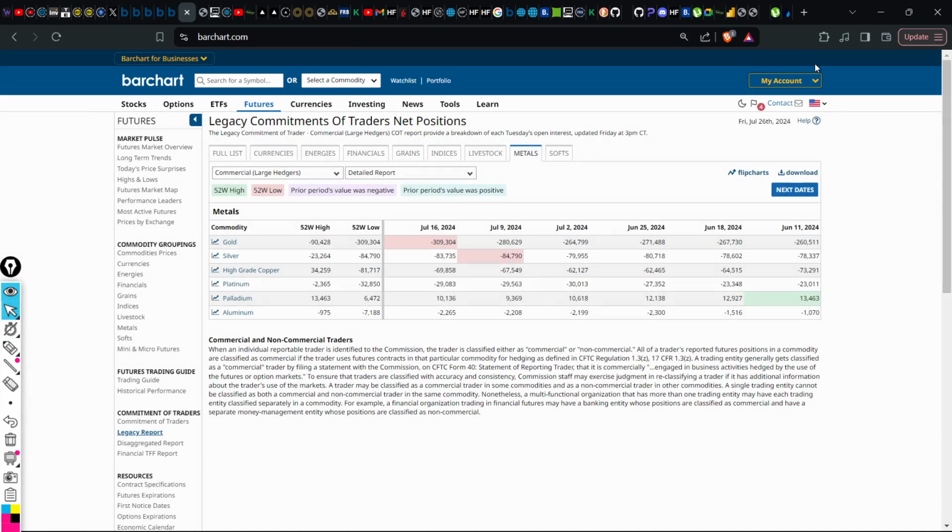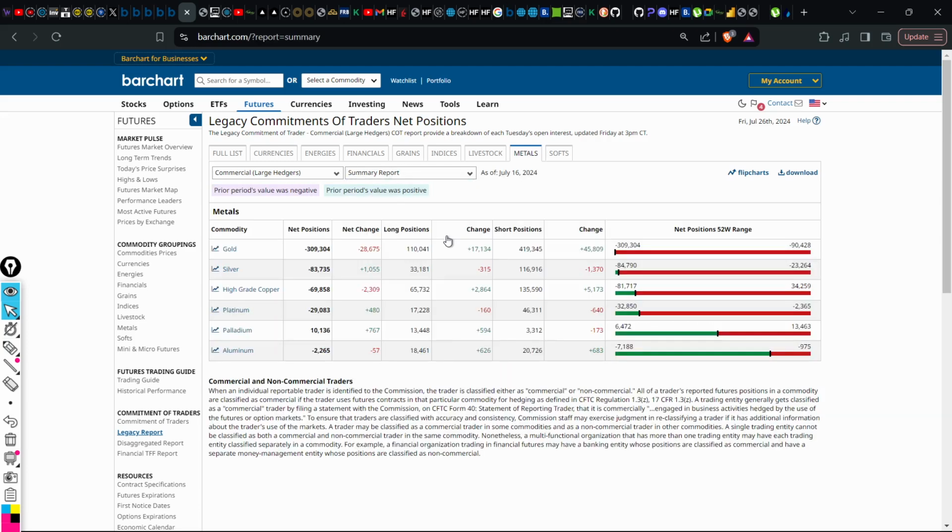As you can see here, the net positions by commercial, these are the large hedgers, increased by over 20,000, which is a significant increase because even in the previous week they had increased quite a lot. If you go to the summary report, you're going to see the change in short positions was quite significant here.